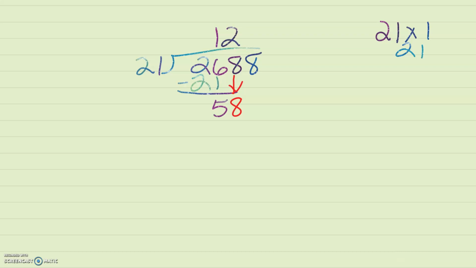21 times 2 is 42. So we're going to write down our 42 and subtract. 58 minus 42, so 8 minus 2 is 6, and 5 minus 4 is 1. Then we're going to bring down this 8.